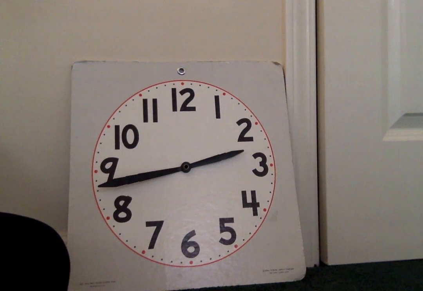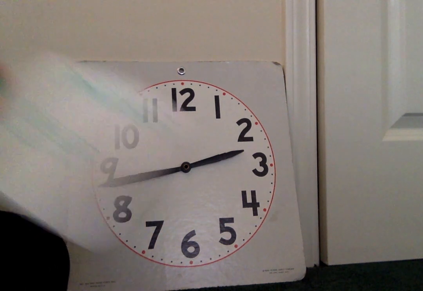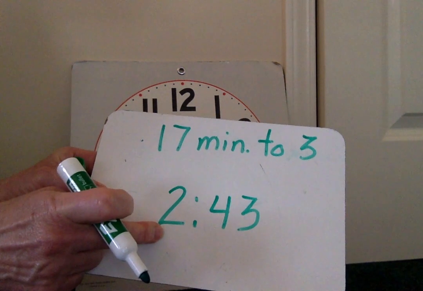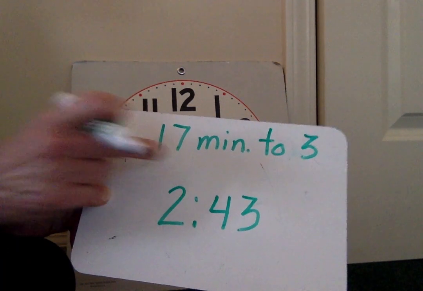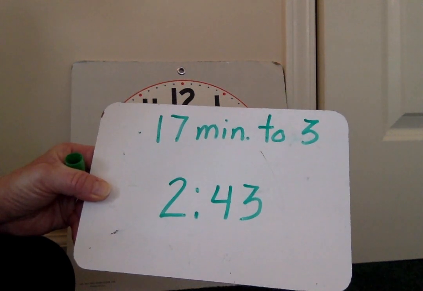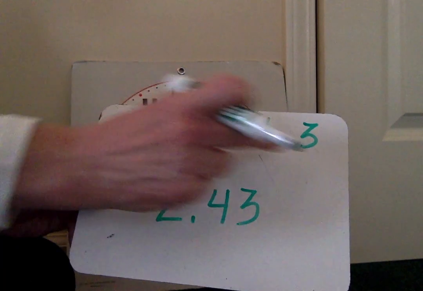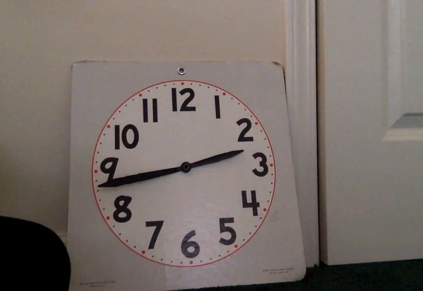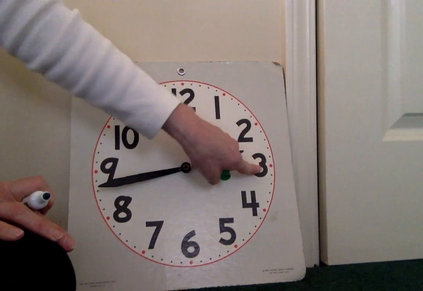So that would be written as 2:43. 43 minutes after the 2 is 17 minutes until it's 3. So it's past 2 o'clock and it's close to 3 o'clock. Can you see that it's past 2 o'clock and it's almost 3 o'clock?